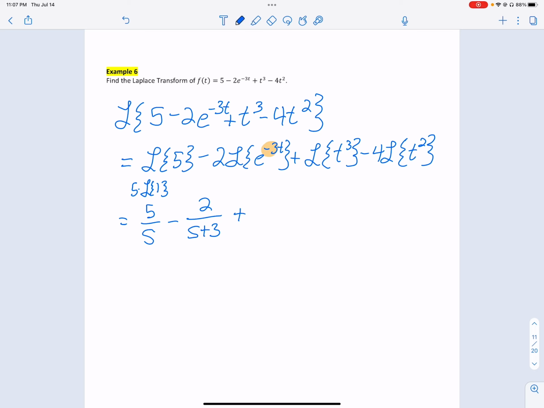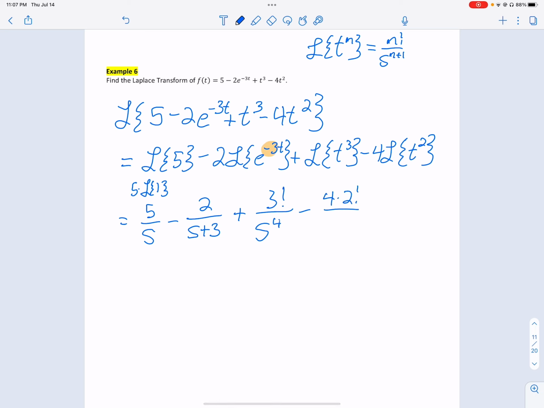For the t^3, this is that rule that we just did: the Laplace of t^n was n factorial over s^(n+1). So in this case, it's going to be 3 factorial over s to the fourth. And then minus 4 times 2 factorial over s cubed.